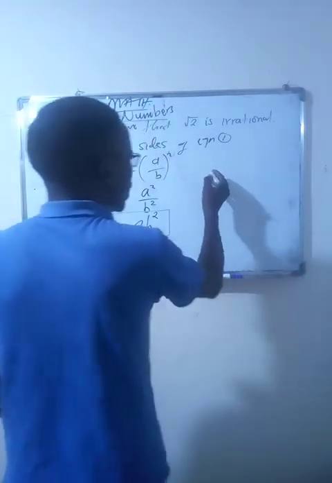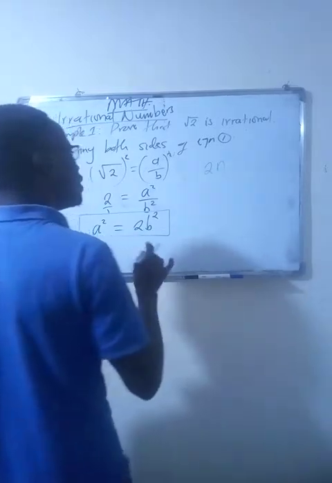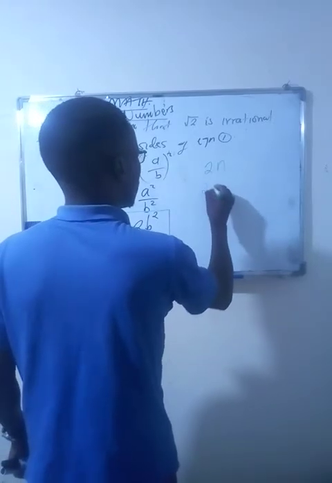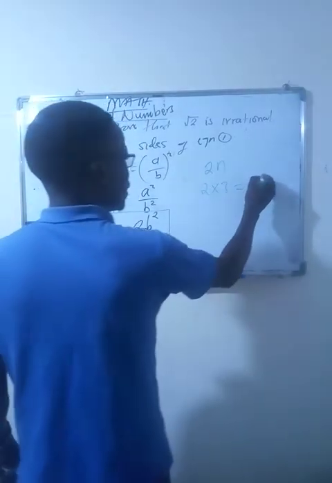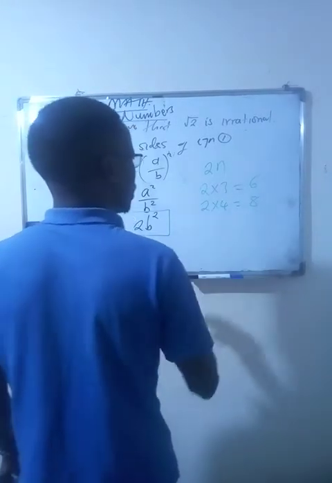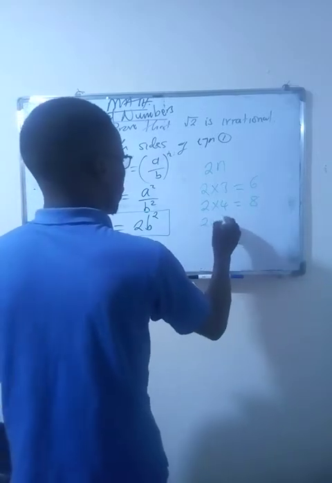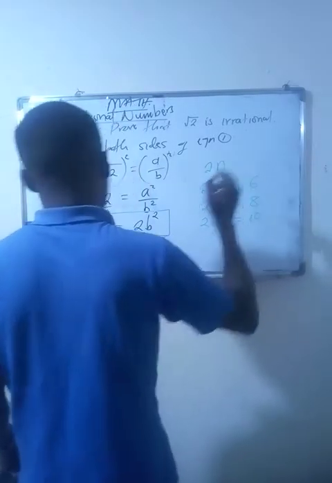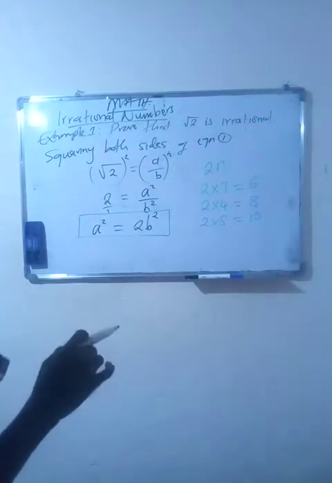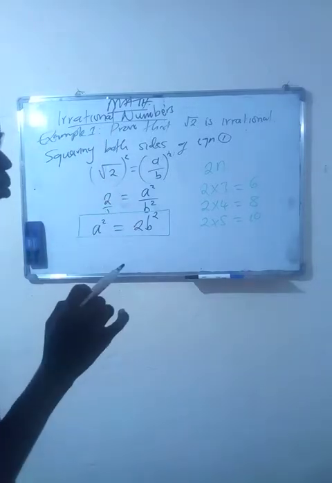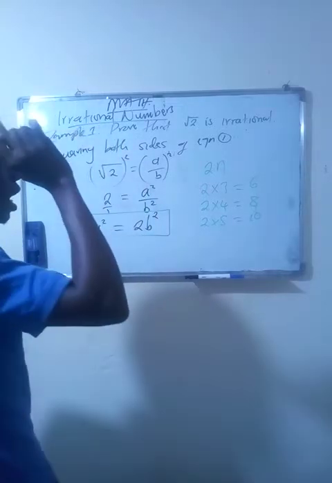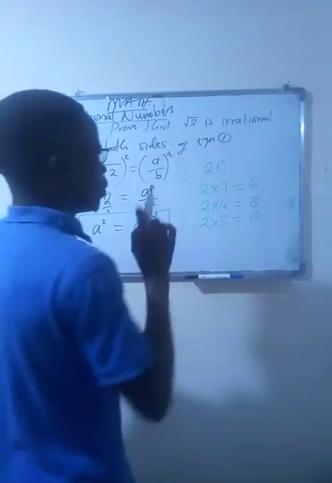So if you say 2n, where n is any integer, and n is representing, let's say, 3, then what you're going to have is 6. If you say 2 multiplied by 4, the number you get is 8, and this is an integer. 2 by 5 is equal to 10. All these are even numbers. So in other words, whenever you multiply any integer by 2, what you are getting is what?